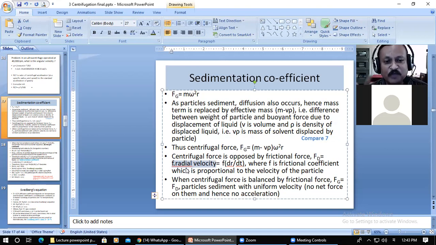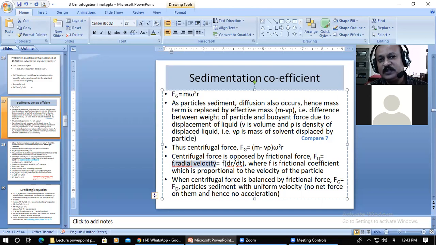The more the frictional coefficient of the liquid, the more the frictional force. The frictional coefficient will be more when the medium is more viscous. Yesterday also I told you the same thing. So frictional force is equal to the frictional coefficient multiplied by the radial velocity.